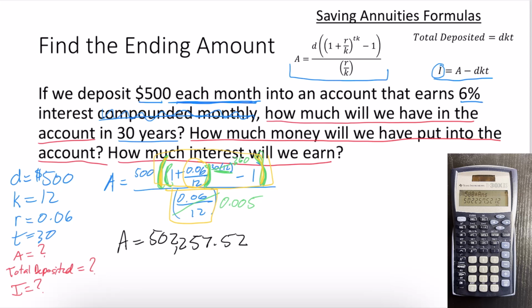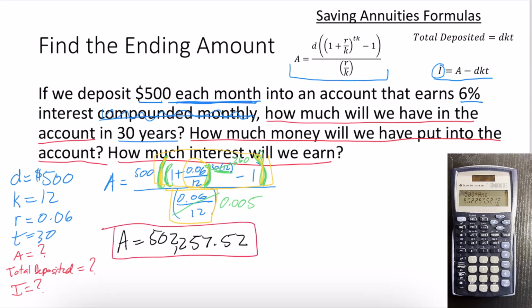And if we think about that, that is reasonable, because if you invest $500 each month into an account for 30 years, you're going to have a lot of money in the account by the end of that, which is what A is representing. So that's what you would do to find A.